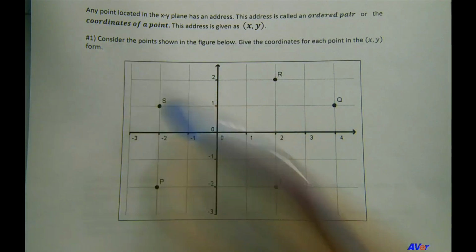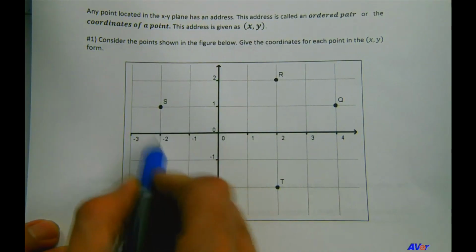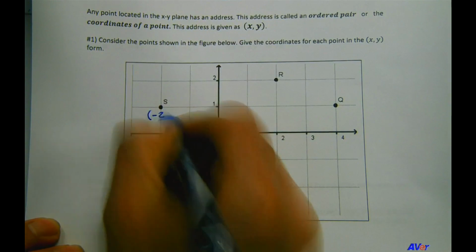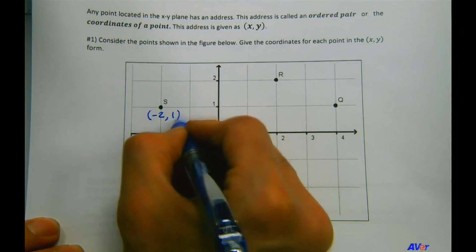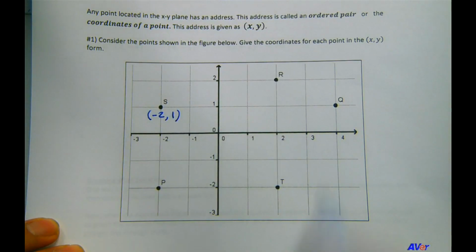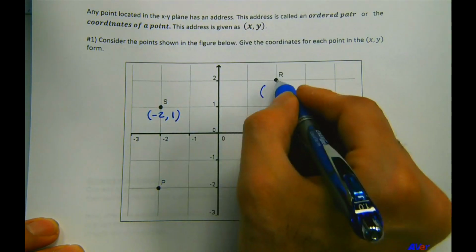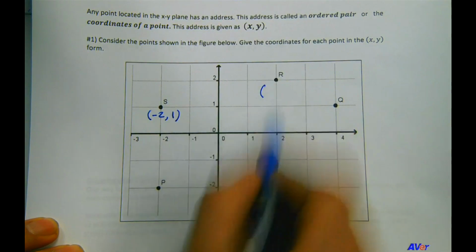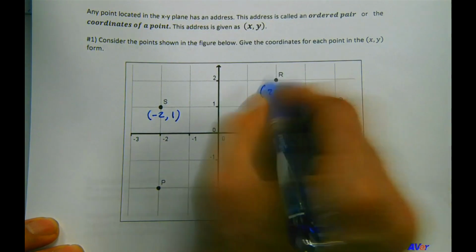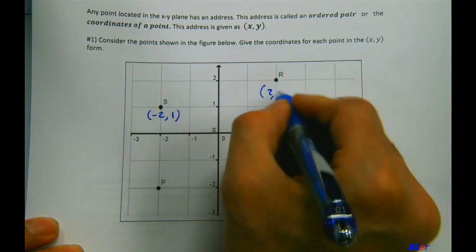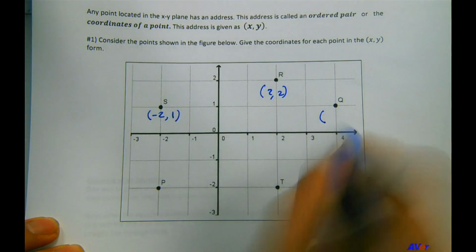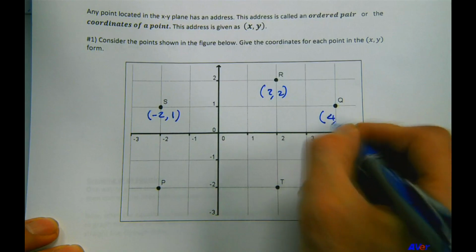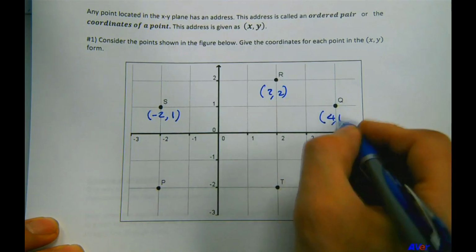So the coordinates for this point would be, the x component is -2 right there, and the y component is positive 1, right? The coordinates for that point, the x component is 2, comma, the y component is positive 2, right? For Q, we have x equals 4, comma, y equals 1.